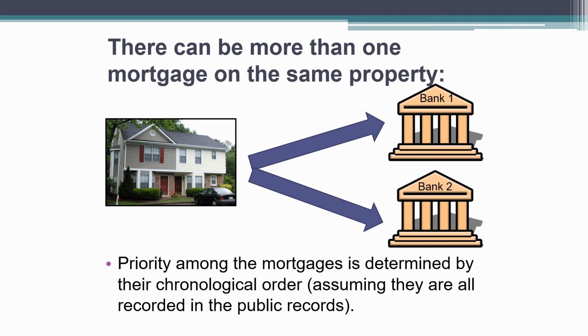If one of the mortgage holders doesn't immediately record his or her mortgage, and if another mortgage is placed on the property later to a bona fide purchaser, then the later mortgage will actually take priority over the earlier one. So it's critical that mortgages be immediately recorded in the public records. And in fact, most mortgage lenders are very, very careful to do that.